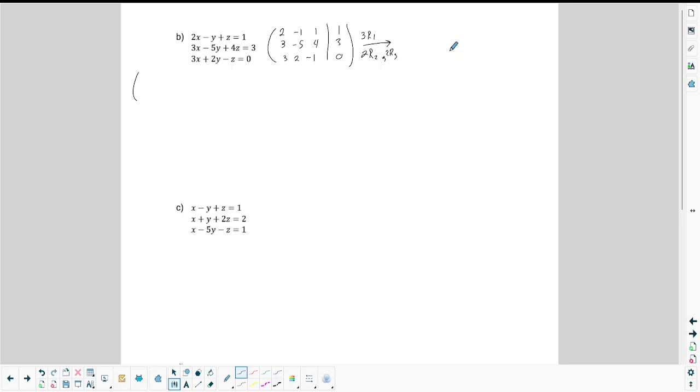Otherwise, you've got to do a bunch of other multiplying. So then we get 6, negative 3, 3, and then 3 doubled is 6, negative 10, 8, 6, 6, 4, negative 2, 0. So this is kind of our starting matrix.